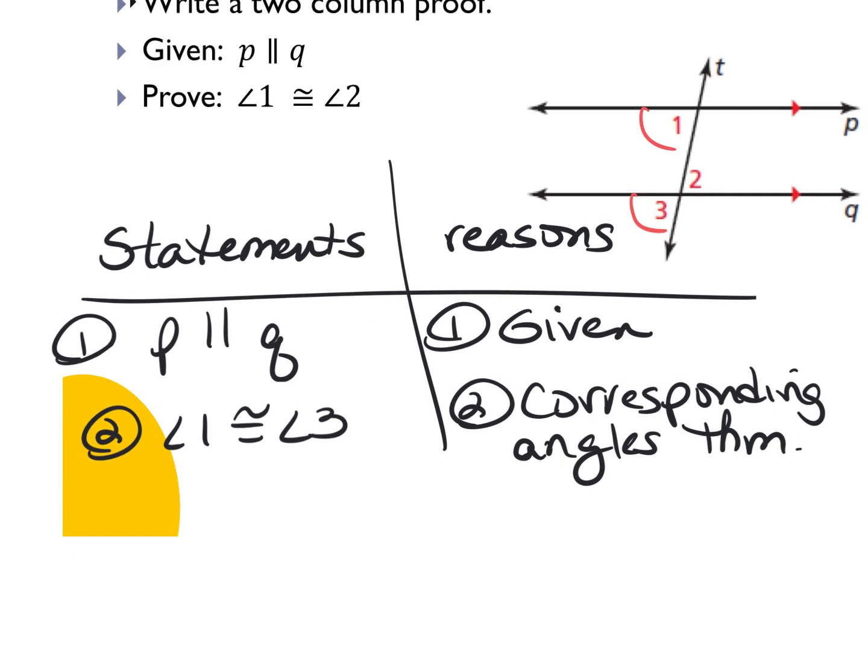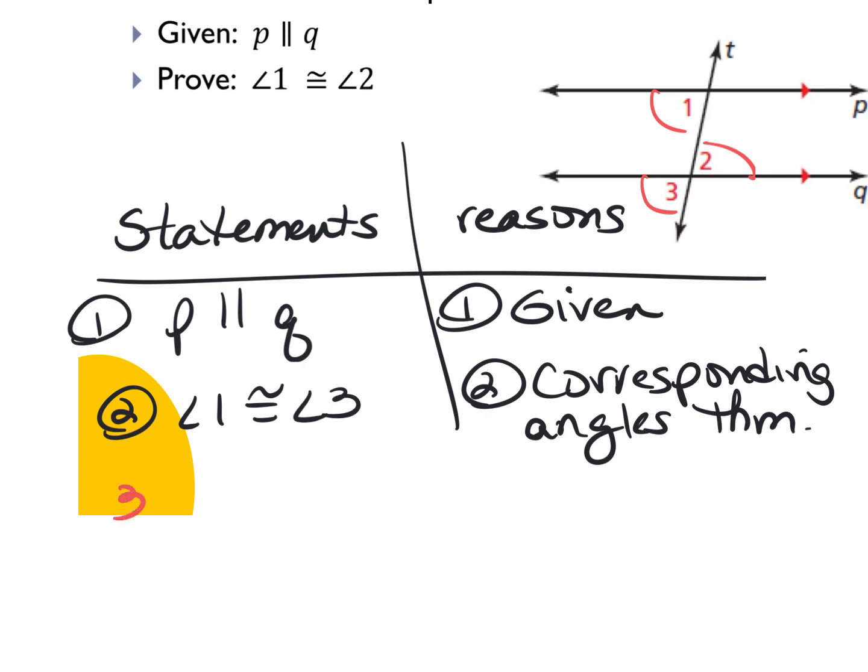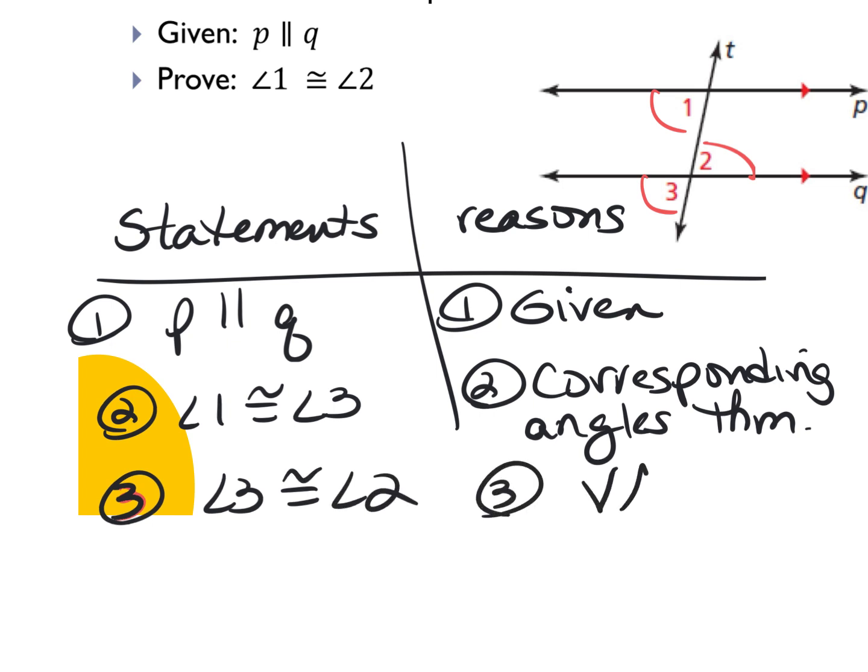Next, I'm going to look for another congruent angle pair. And notice I could also say that 2 is congruent to 3 because they're vertical. So angle 3 is congruent to angle 2 because of my vertical angles congruence theorem.